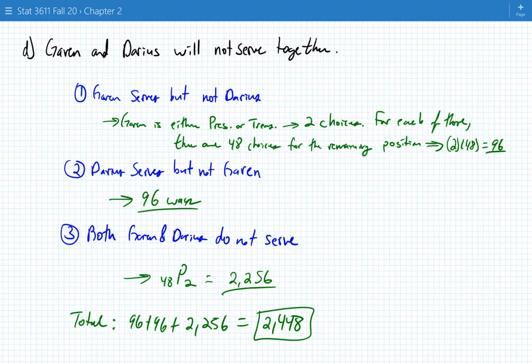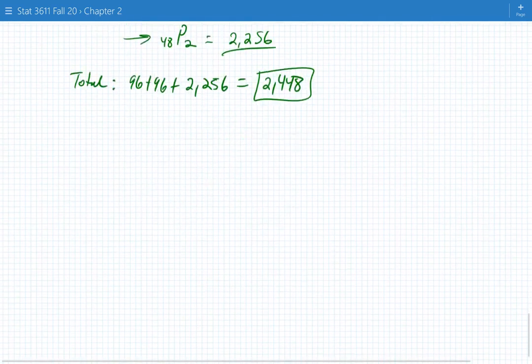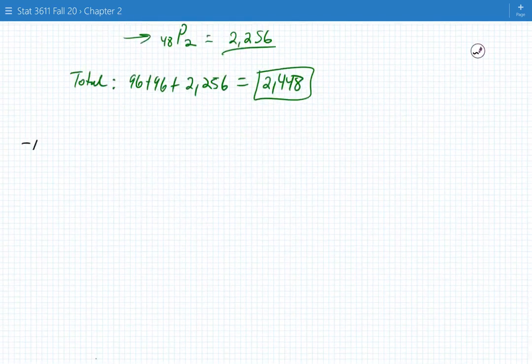The more disjoint cases you have to consider, the more tedious, the more complicated it gets, and potentially you have more room to make mistakes. What you could do is you could look at the opposite scenario, and I'm going to offer up an alternative solution that's a little bit more clever and more efficient, if you will.